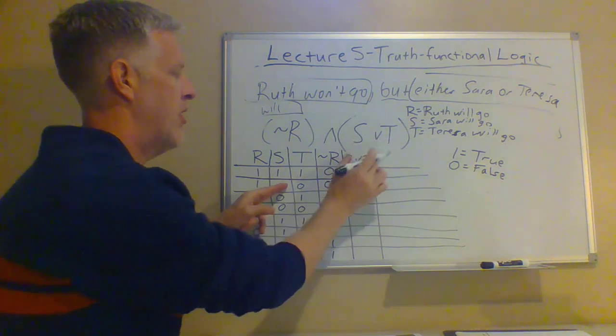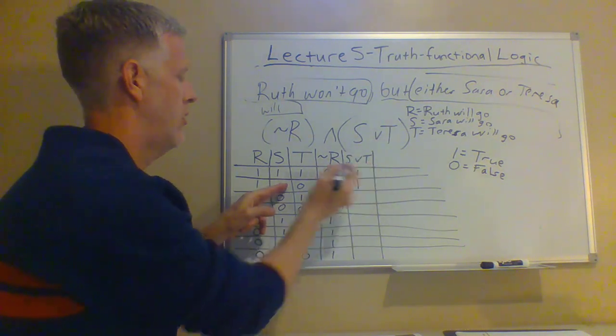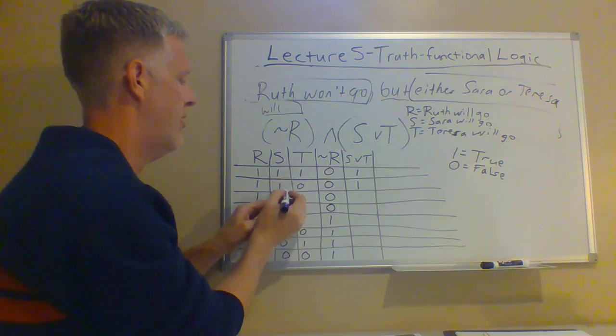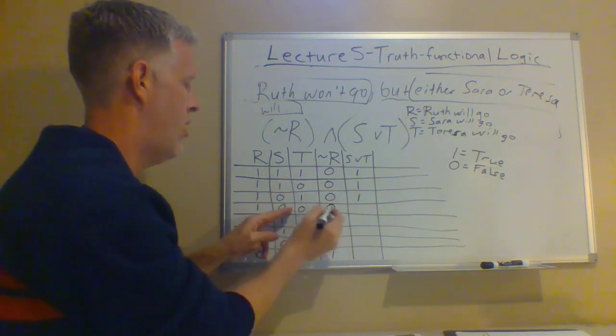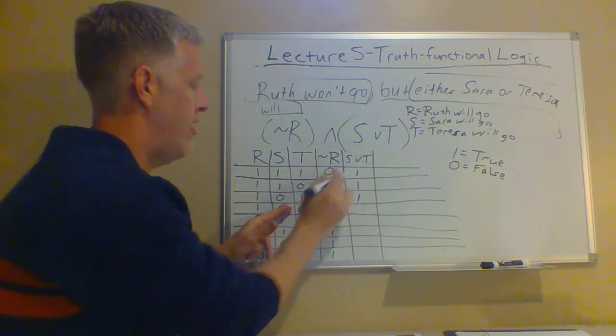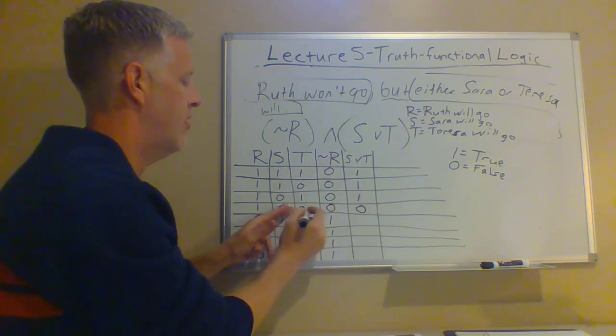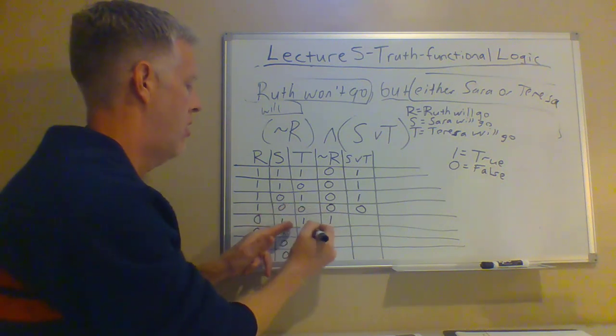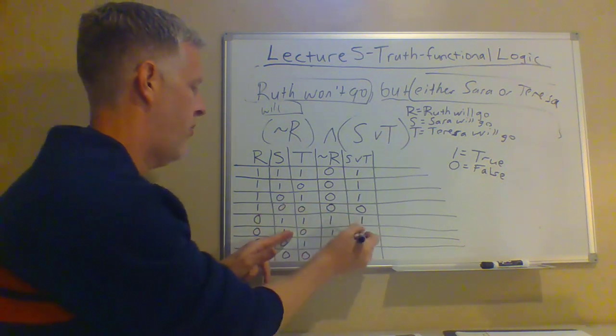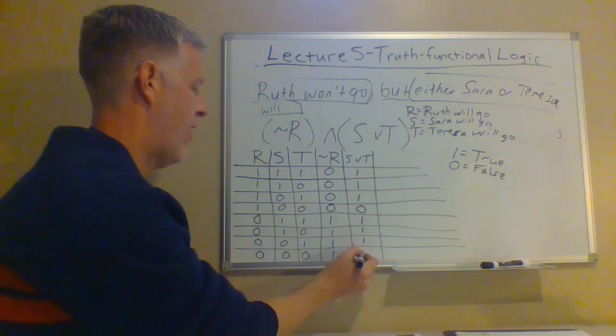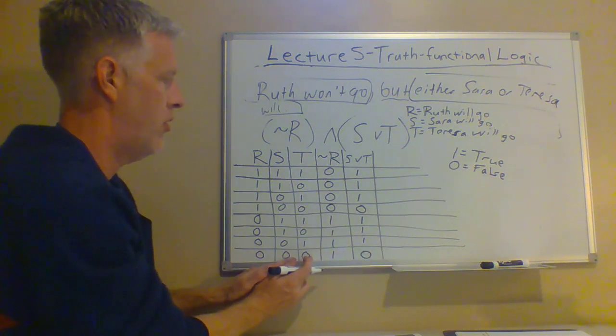Because remember, what's being said here? Sarah or Teresa will go. They both went. Sarah went. Teresa went. So one of them went. In this scenario, both end up being false. Well, then that disjunction as a whole would be false because neither one of them ended up going. Okay, here they both went, here one of them went at least, here one of them went, and then we have another instance down here where they both don't go.